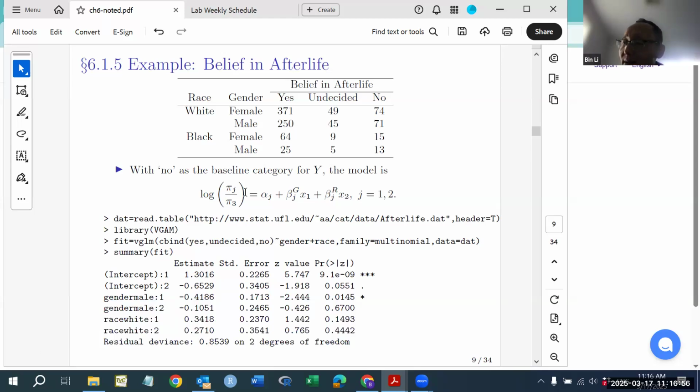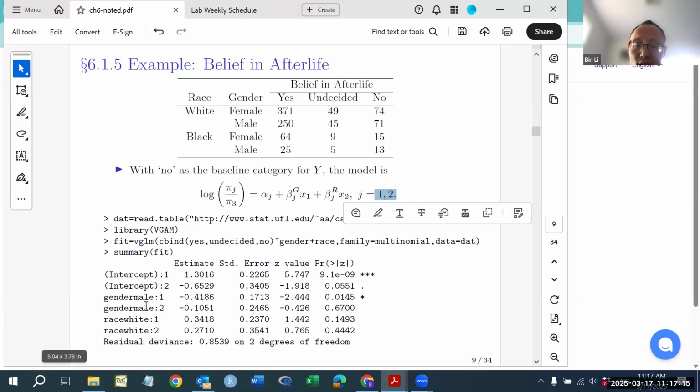Because we have 3 classes for the response, and we model the log odds for category 1, yes against no, and for undecided against no. So that's why we have 2 intercepts, 2 gender, and 2 race coefficients.